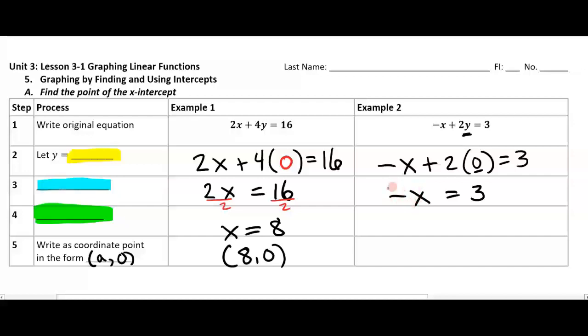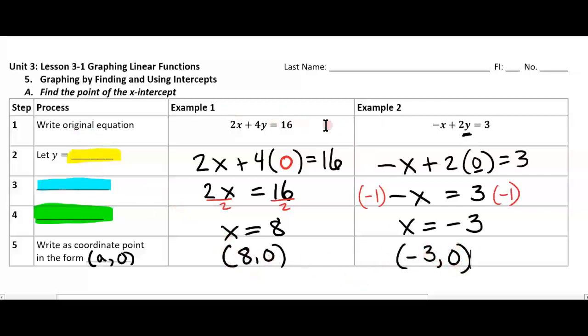In this case, since x is negative, I can just use my negative 1 property. Negative 1 times negative x is x equals negative 3. That's my x-intercept. We're going to write this in coordinate point format, where x is my first coordinate and y is 0. Okay, so we found our x-coordinate for each of these two examples.